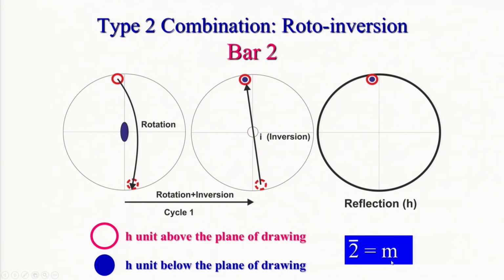Okay. So, let us try another type of operation here, which is the type 2 combination operation, where rotation and inversion will be combined together.